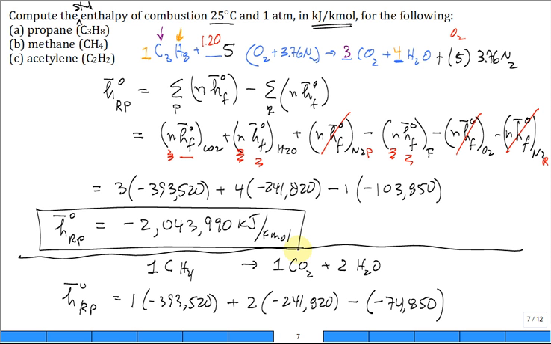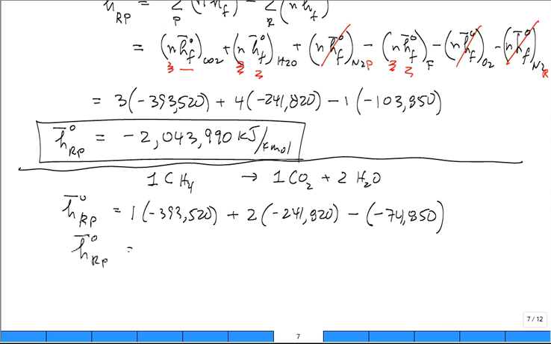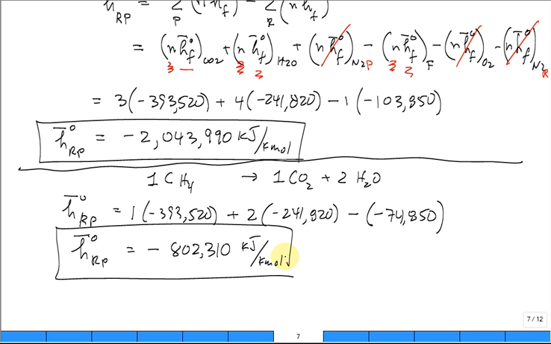And then for the methane, I'll just scoot down a little bit, was negative 802,310 kilojoules per kilomole. The negative sign indicates it's heat transfer out of the combustion chamber. It's, as you might expect, a very exothermic reaction, burning of fuel. So that's what the negative sign is.